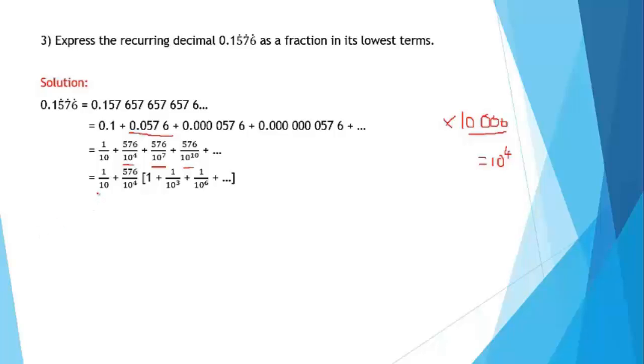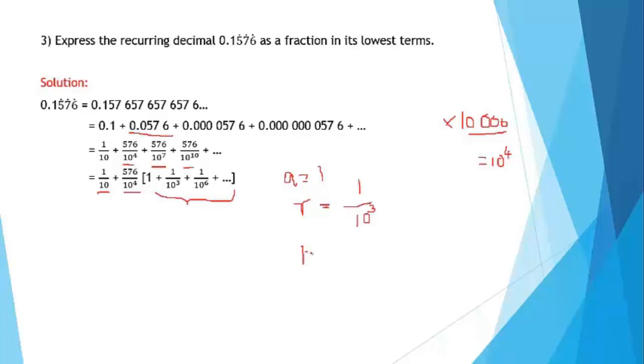So now we have got two terms here, and with the second term, there is a series to be multiplied. So by finding the sum of the n terms of the series, we can find out the final fraction for this recurring decimal. In order to do that, the first term of this series is 1, and the common ratio is 1 over 10 cubed.